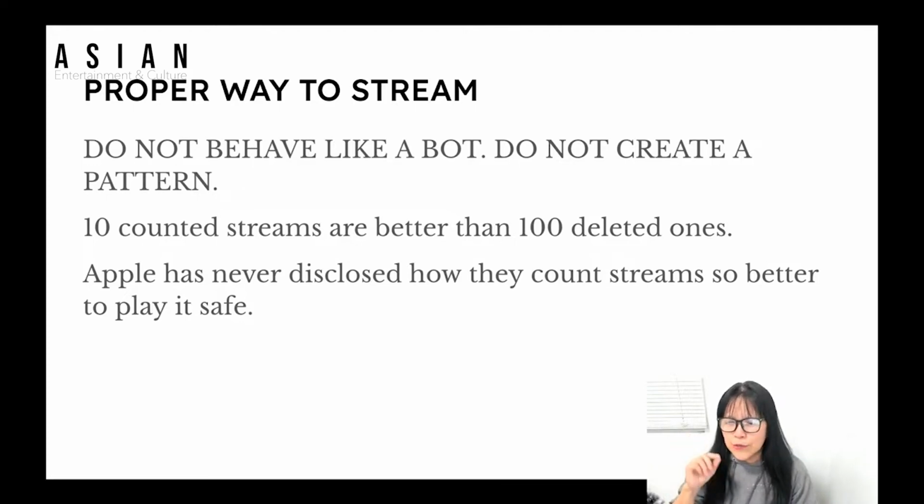If you're trying to stream a song, you have to put the song in over and over again. So don't just loop, add it over and over again. But you have to put different songs in between.